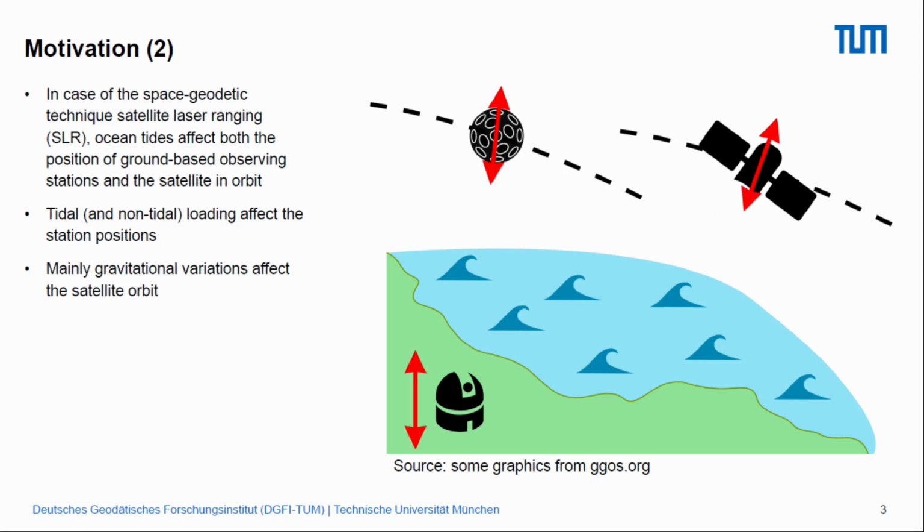In the picture, you can see an SLR station on the ground, which is affected by ocean tides in the height component and also in the position component, due to the loading effect of the water in the oceans. The satellites, both spherical and non-spherical, are affected mainly by gravitational effects caused by the tides. Both have to be accounted for in POD.